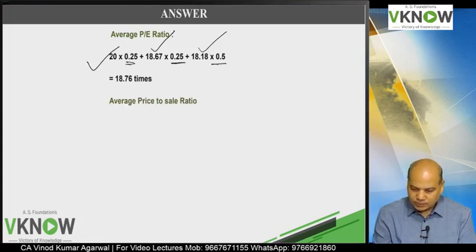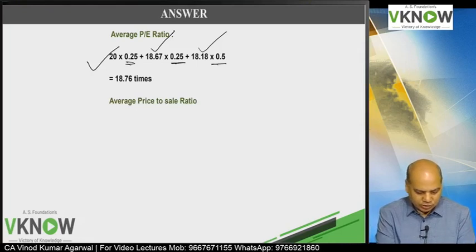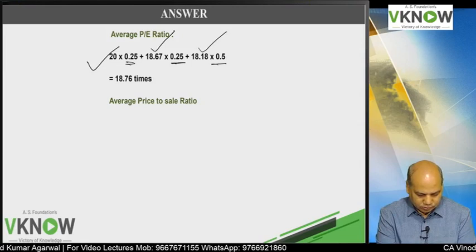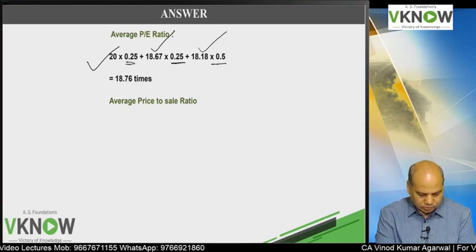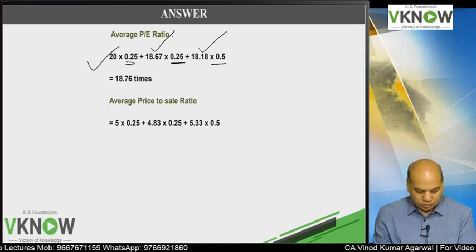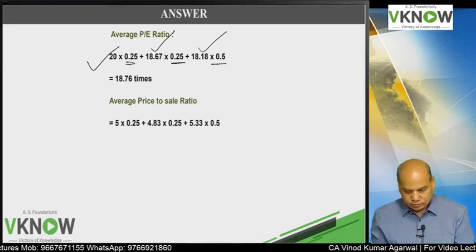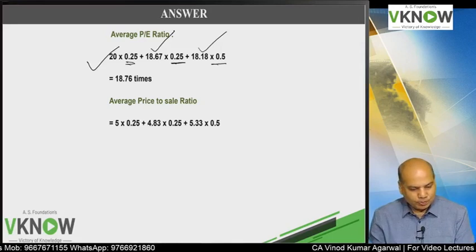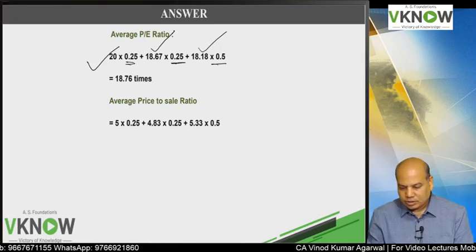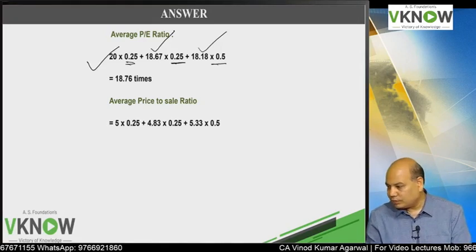Try the next one. Average price to sales ratio. Go to your previous answer, 5 into 0.25.